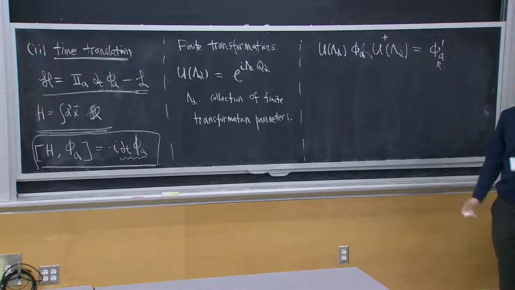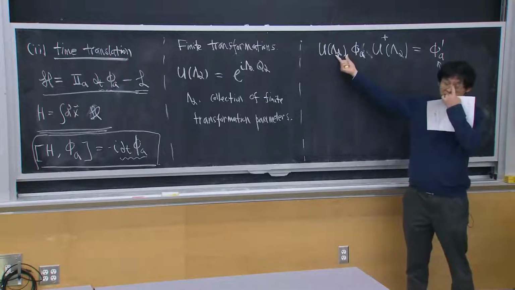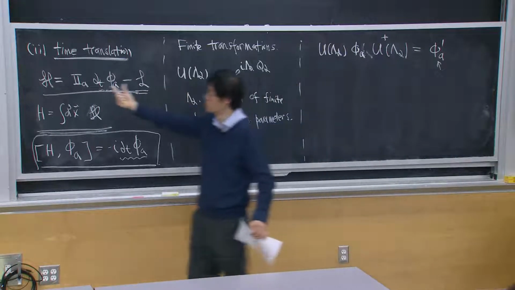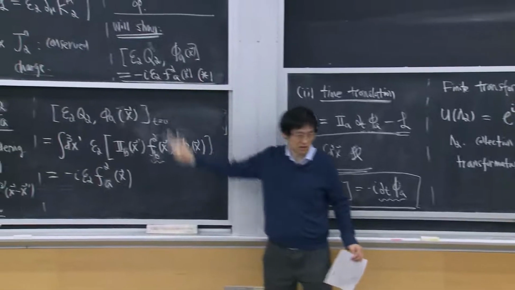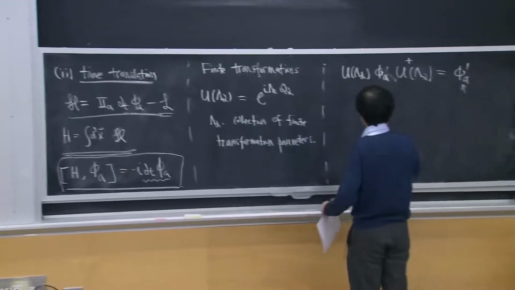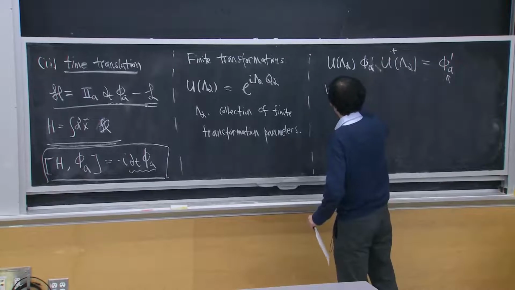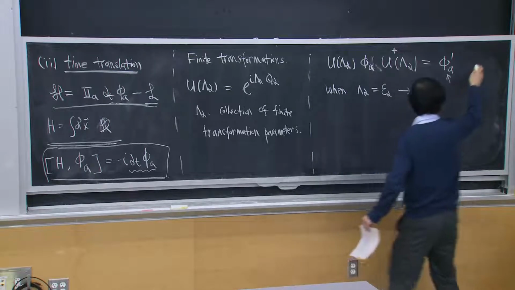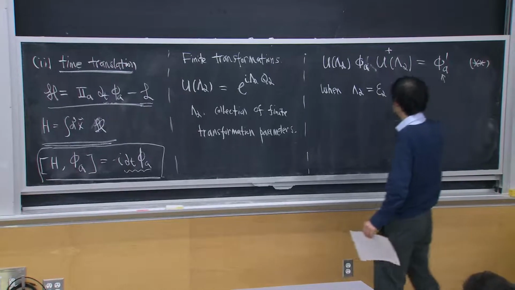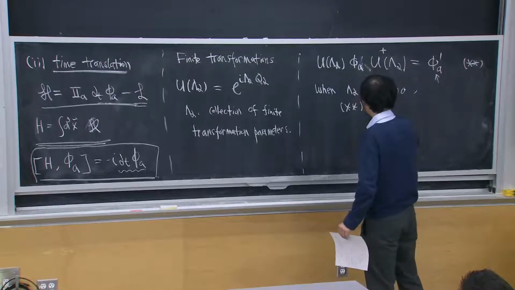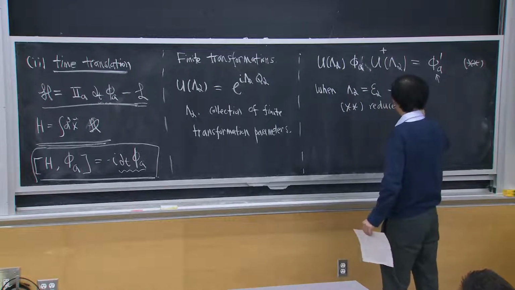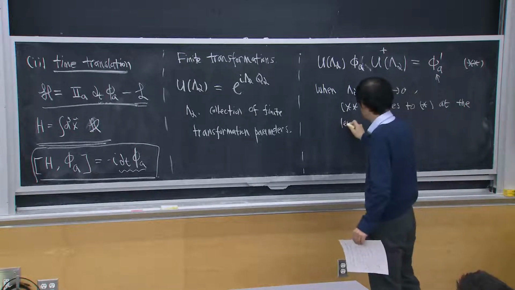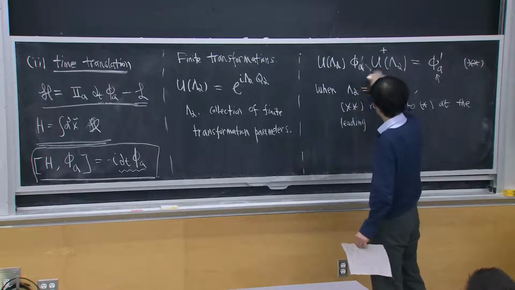When lambda alpha is infinitesimal, you can just expand this exponential, and the leading term becomes this one. So when lambda alpha equals epsilon alpha goes to 0, this equation star reduces to star at the leading non-trivial order when you expand the exponential.